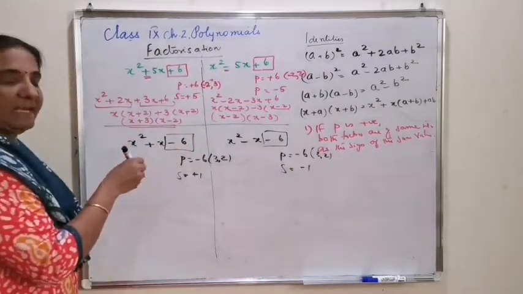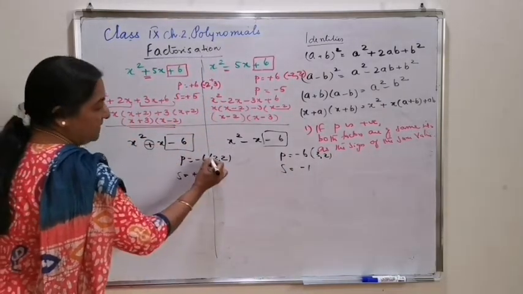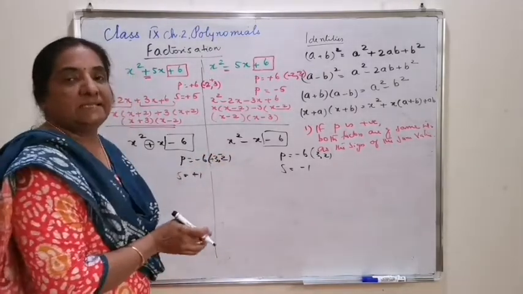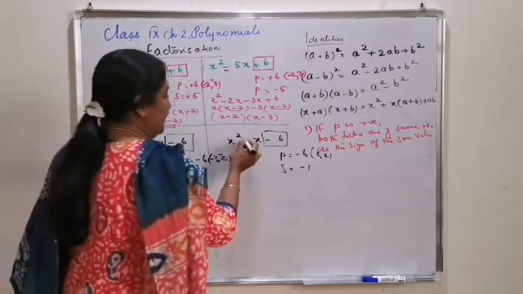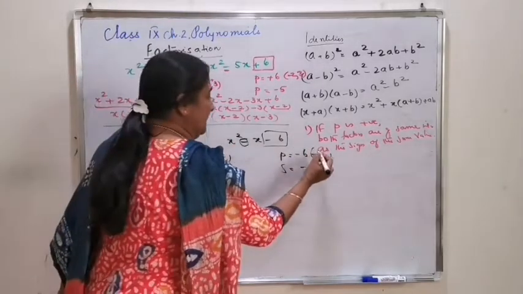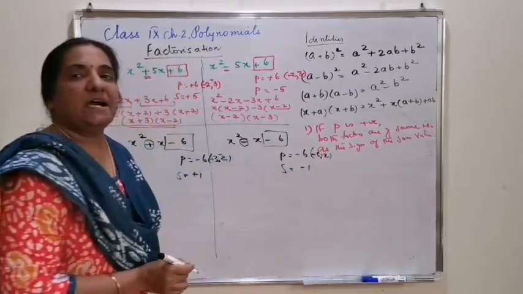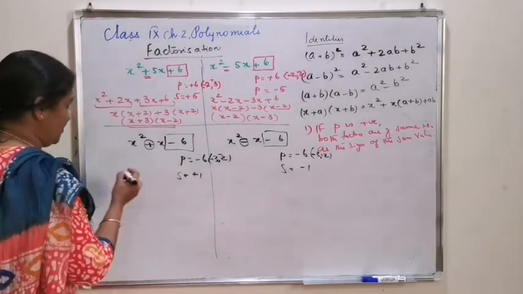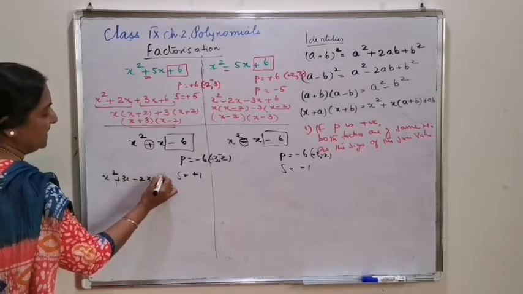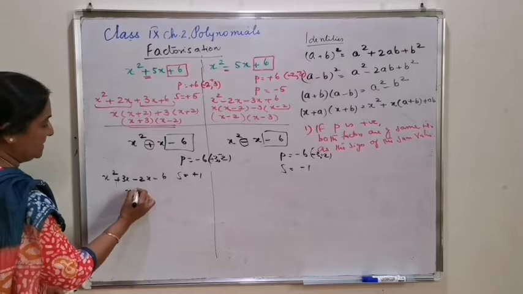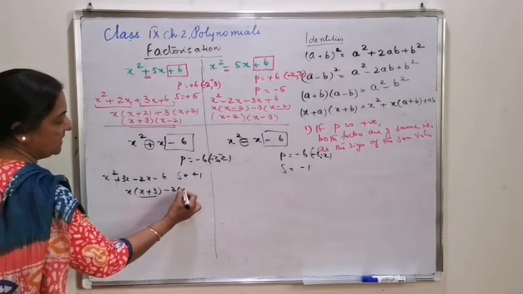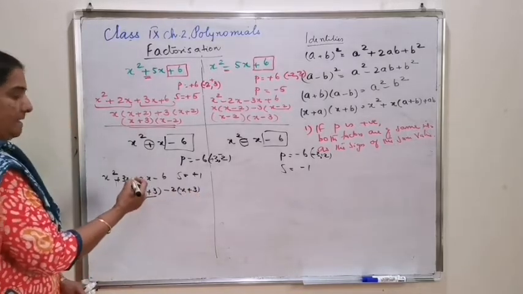But how come the sign? The positive symbol will go for the bigger factor and 2 will be assigned the unlike sign. Similarly, negative will be assigned to the greater factor and 2 will be allotted the unlike sign. And the factorization: x square plus 3x minus 2x minus 6, x into x plus 3 minus 2 into the same x plus 3.